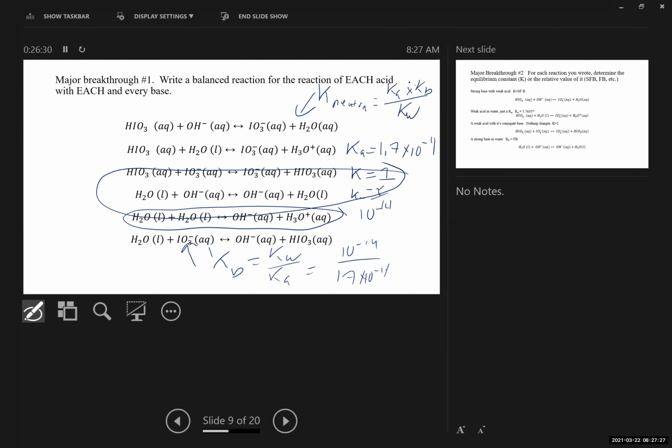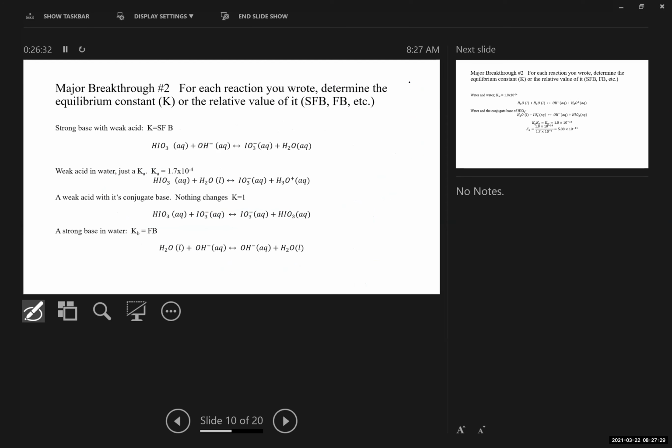Right. So since the hydroxide is my sodium hydroxide, which is strong, essentially that top one ends up being super big. The Ka, as we said, was 1.7 times 10 to the minus 4, right?